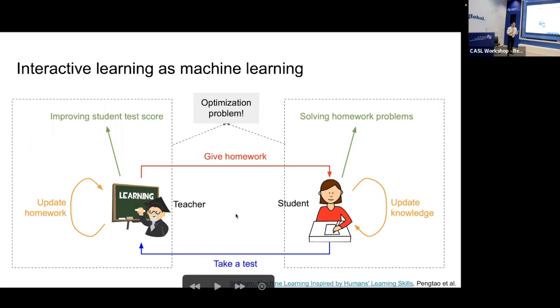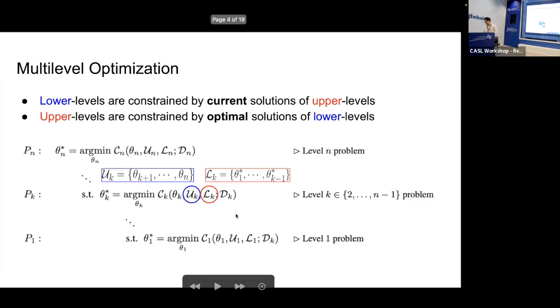And now we want to understand this scenario, the interaction between optimization problems, in a more formal way using some mathematics. And that's where multi-level optimization comes into play. Multi-level optimization refers to a problem where we want to solve nested optimization problems, or hierarchical optimization problems, with two major criteria. The first one is that the lower-level problems are constrained by the current solution of the upper-level problems. In the previous scenario, the lower level corresponds to the students, and the upper level corresponds to the teacher.